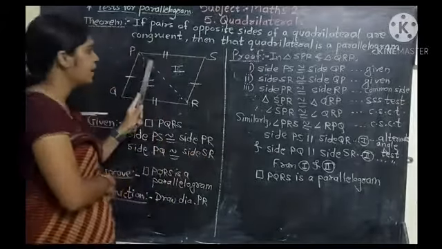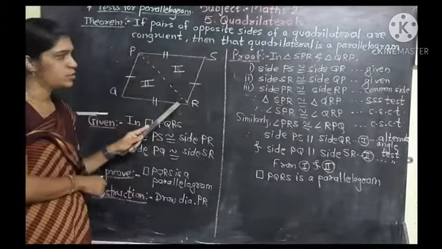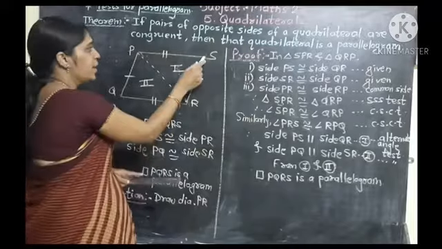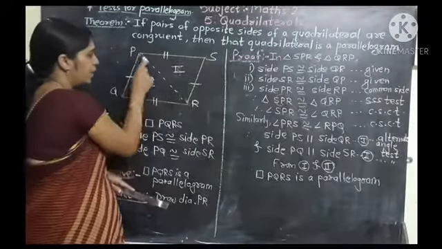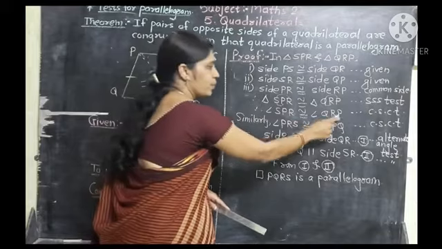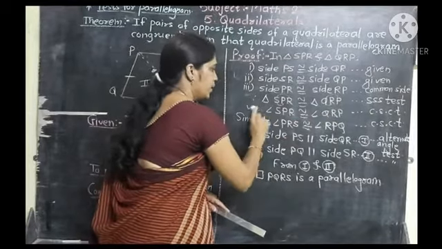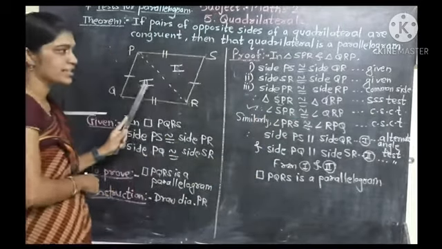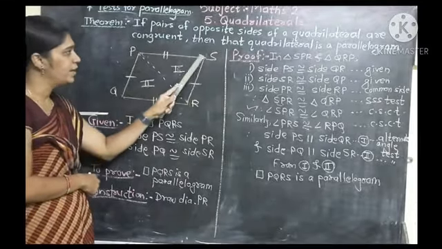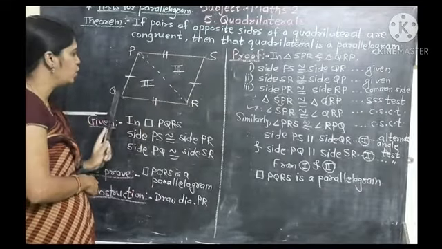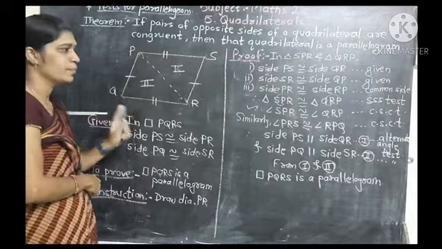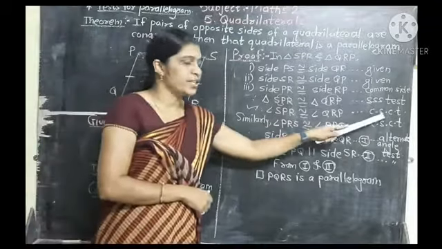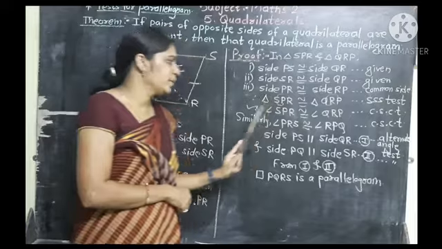So we need the alternate angles. I write angle SPR congruent to angle PRQ, corresponding angles of congruent triangles.